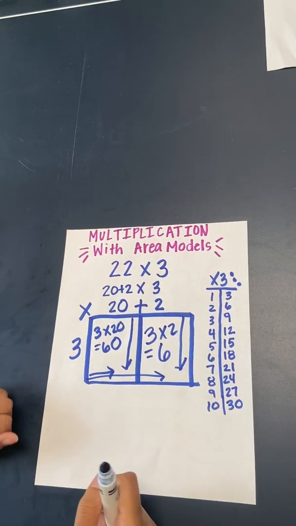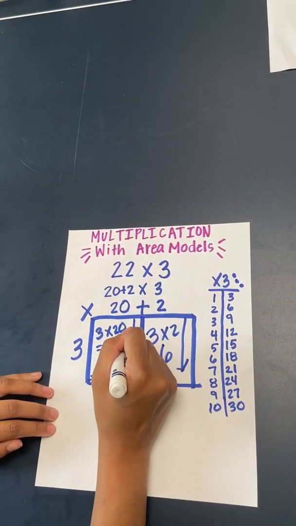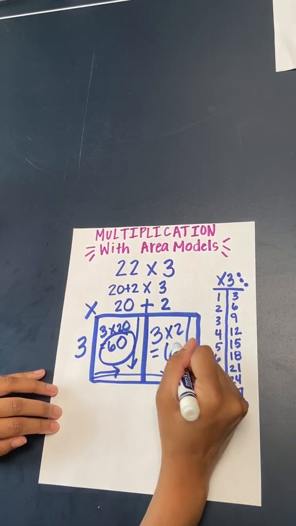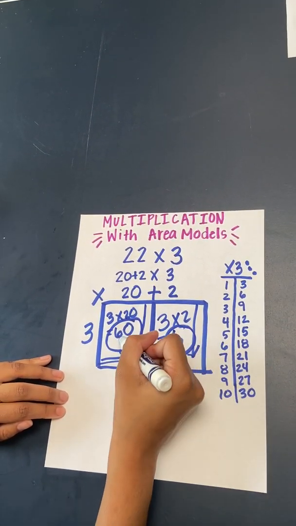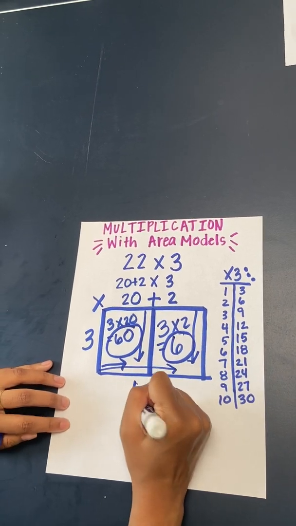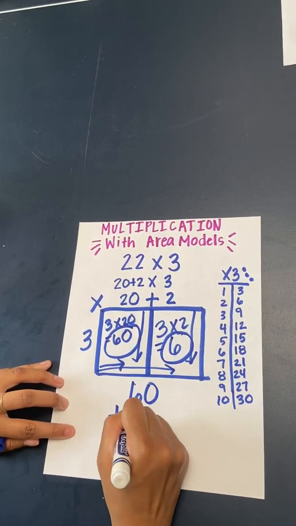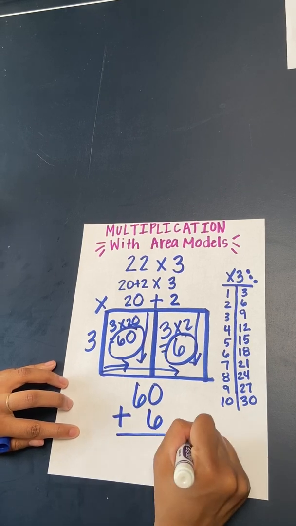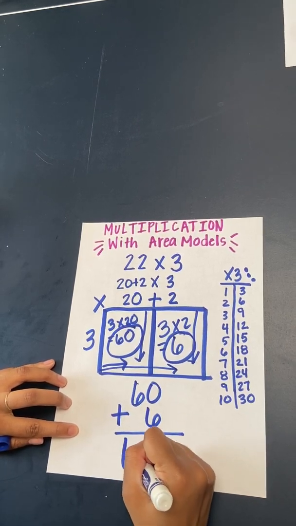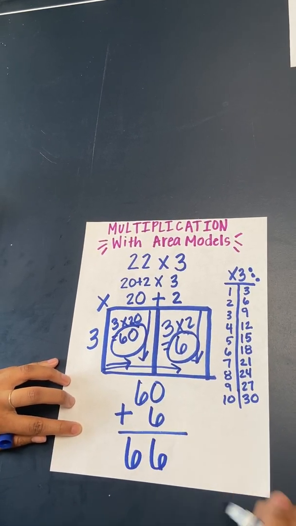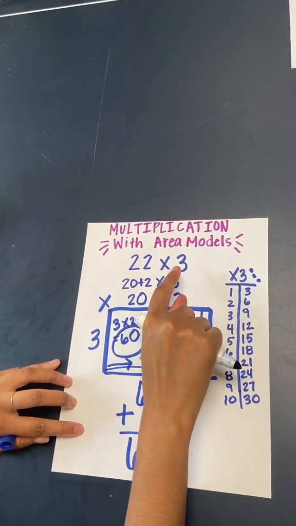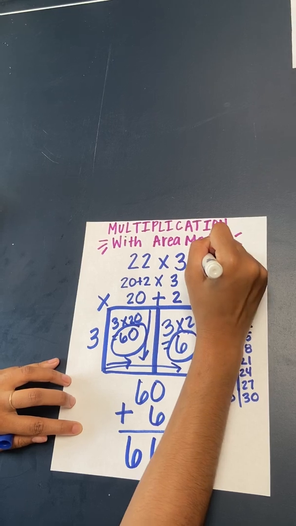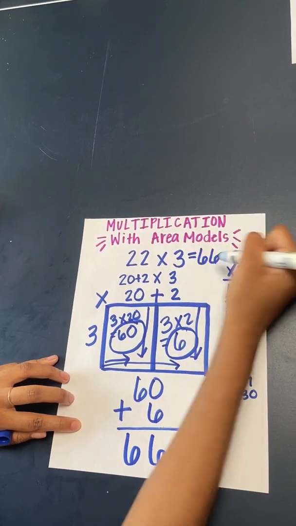We broke it down into place value, which means these are just our partial products. So I need to take my partial products, 60 and 6, and I need to add them, and I get the number 66. 22 multiplied by 3 gives me 66.